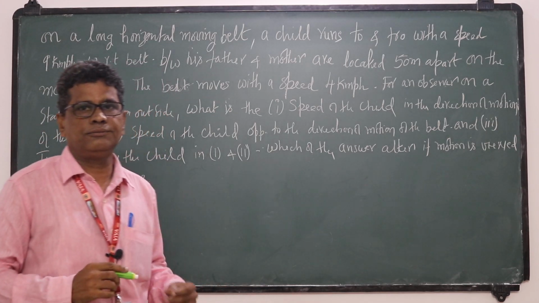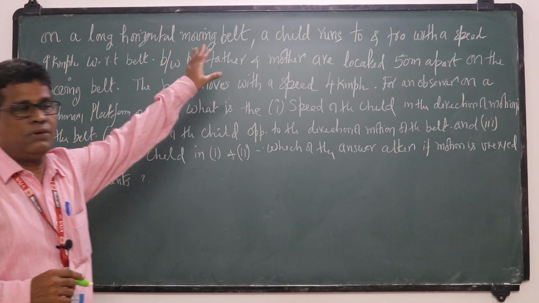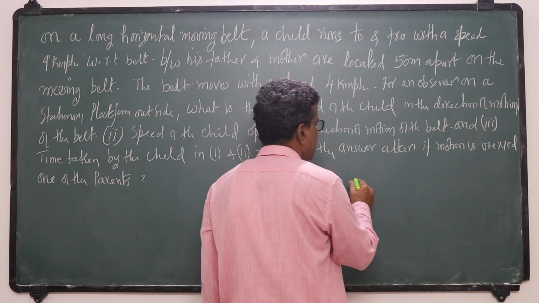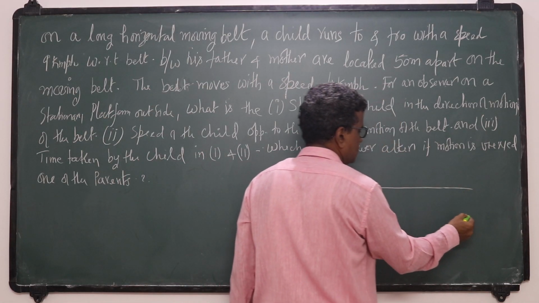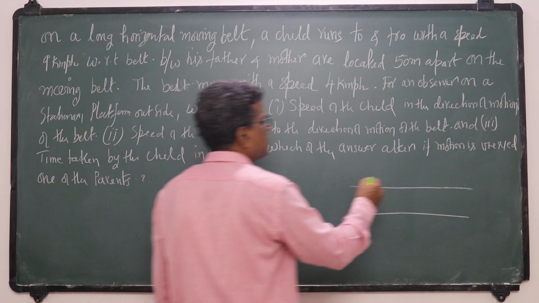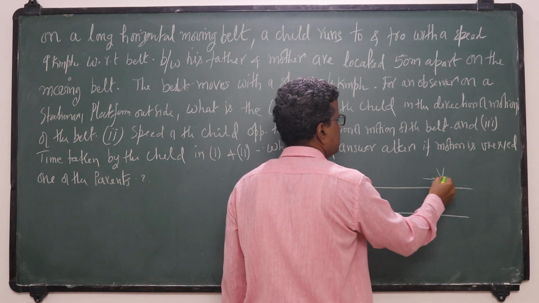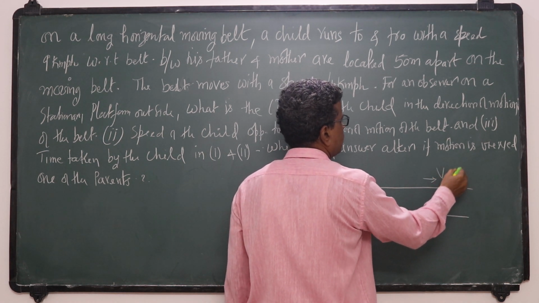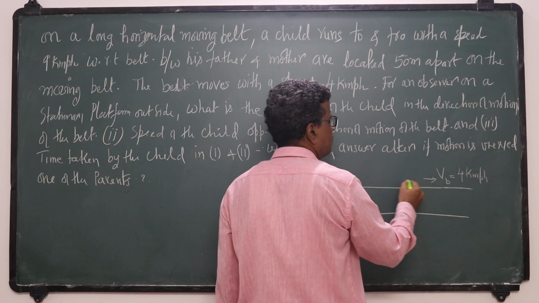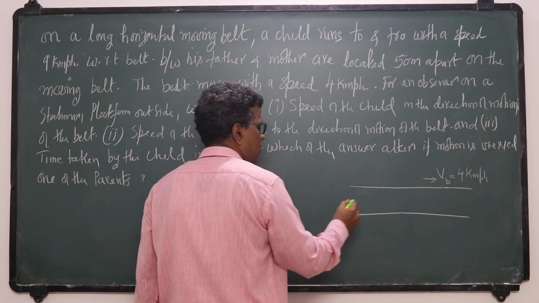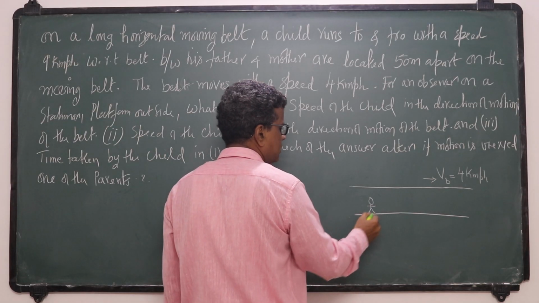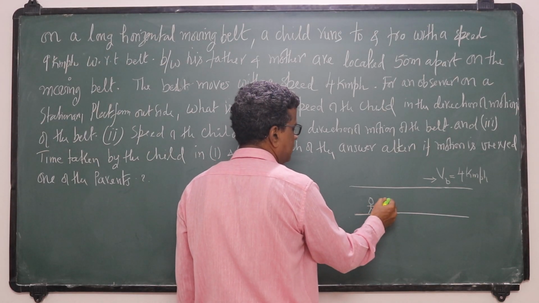So this is the question. You try to understand what is given. On a long moving belt, so there is a belt like this, which is moving with velocity 4 kilometers per hour. Let it be towards left to right.